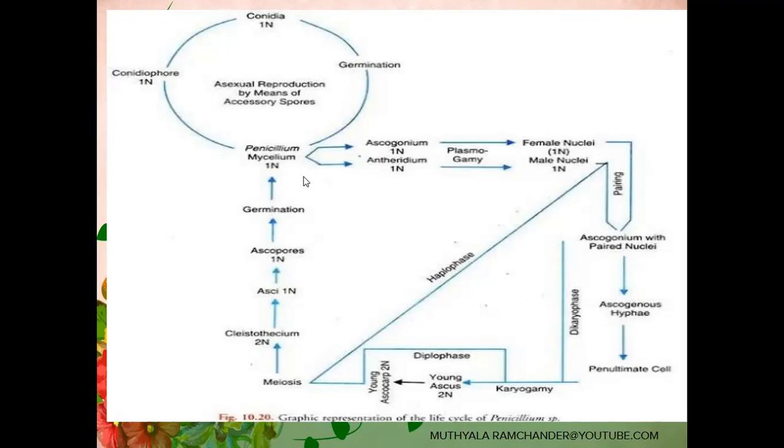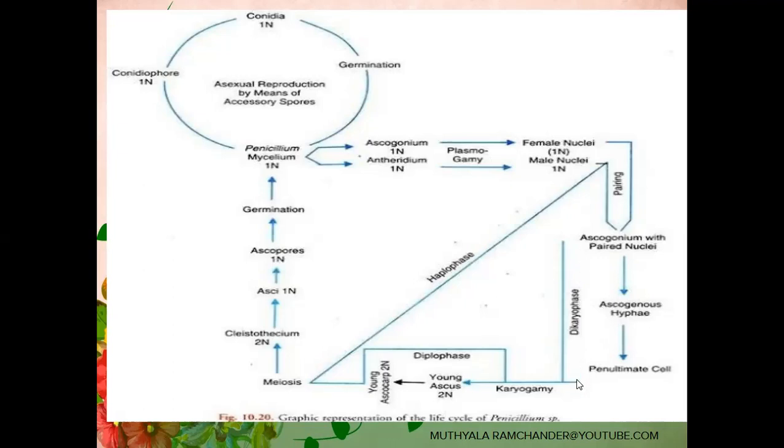In this life cycle, the haploid stage, haplophase, is present, and the dikaryophase and diplophase are also present. Haplophase, dikaryophase, diplophase are present in the life cycle of Penicillium. Dikaryophase means the binucleated phase after plasmogamy.